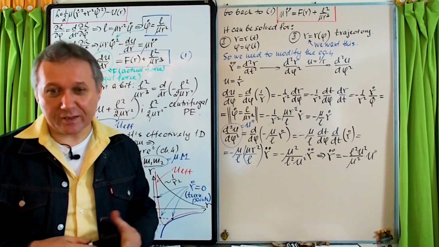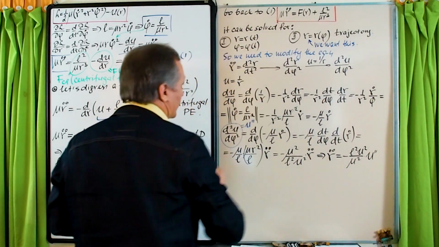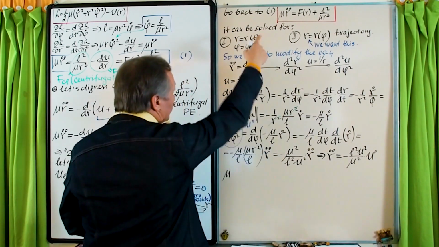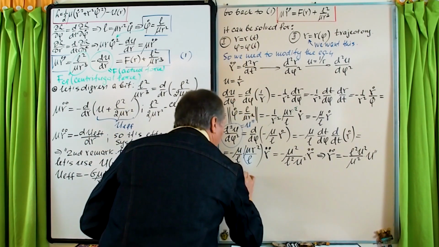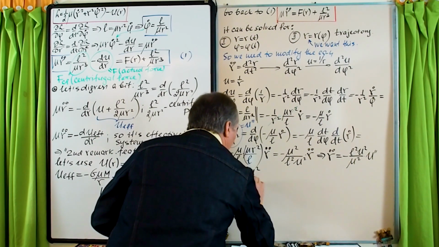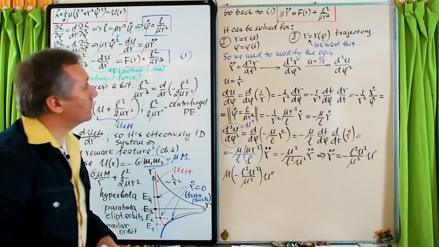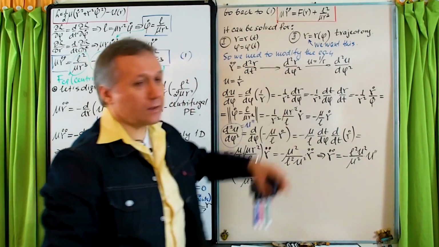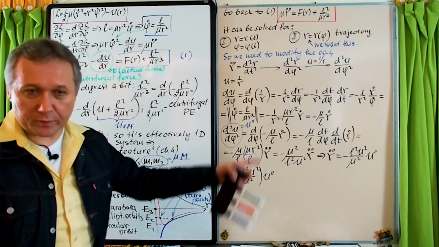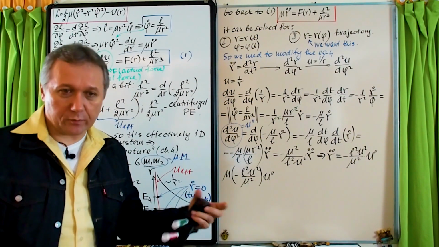So we replaced the derivative. So now let's put it into that differential equation. As a result, mu times minus L squared u squared over mu squared u double prime is the left-hand side, and then F. Of course, F now will be a function of u, because whatever the force you have in your problem, you can replace r with 1 over u.